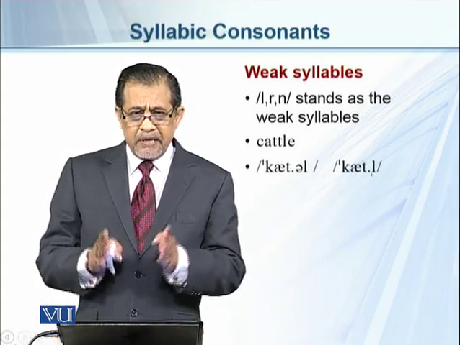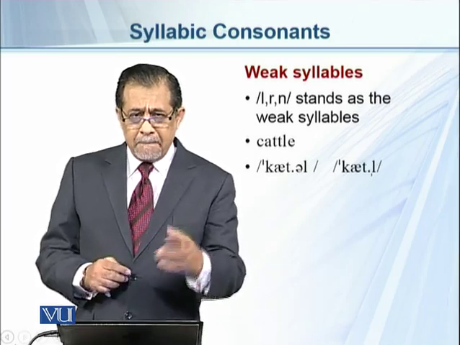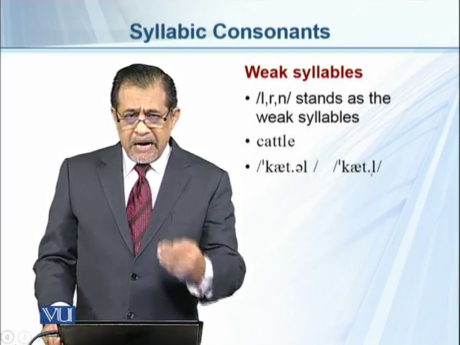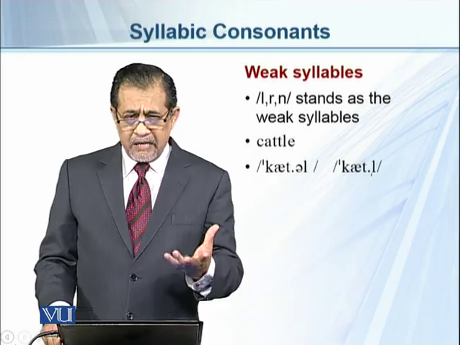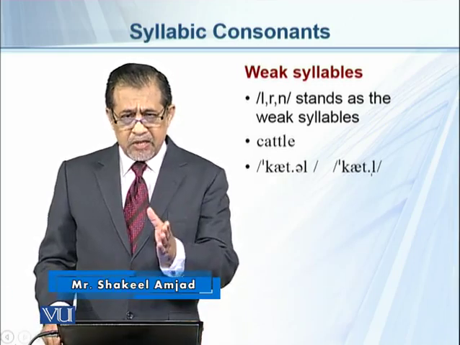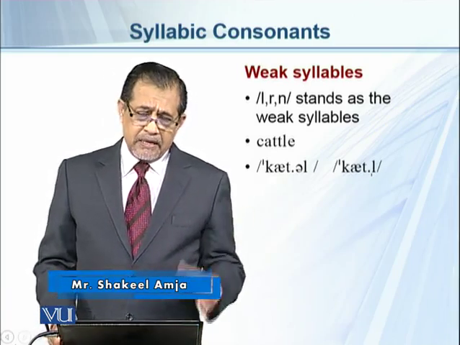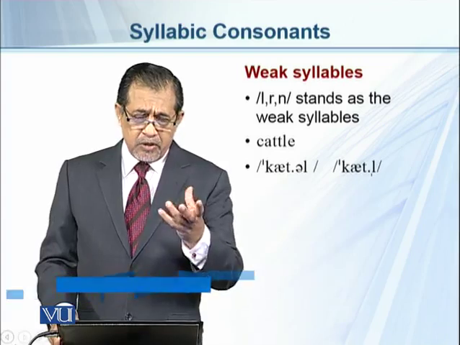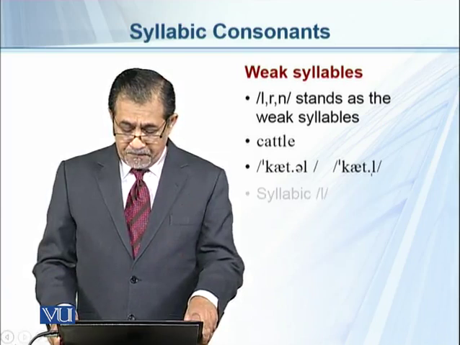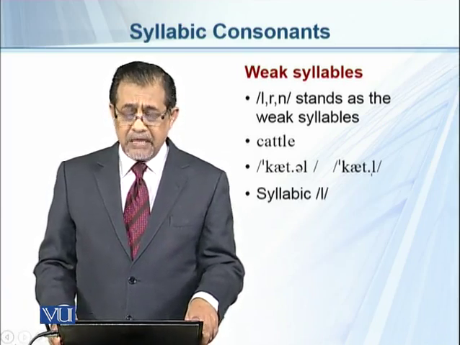Whenever we have this combination of schwa plus the l sound, the power of schwa, which is a vowel sound, is given to the consonant, and this consonant is made a syllabic consonant. Otherwise, as we have discussed, no syllable is possible without a vowel sound. So this is known as syllabic l.